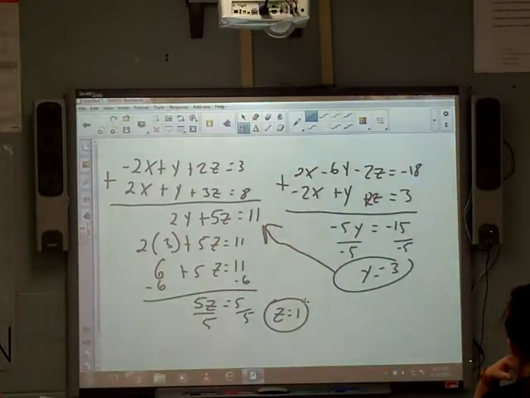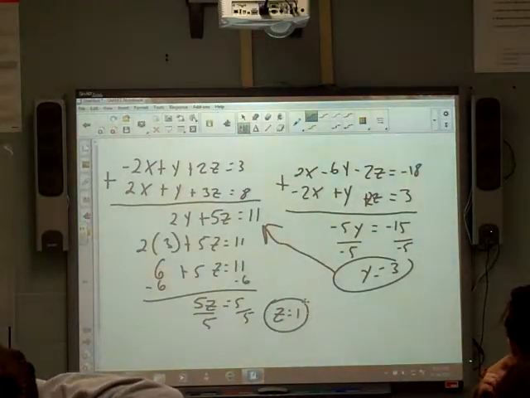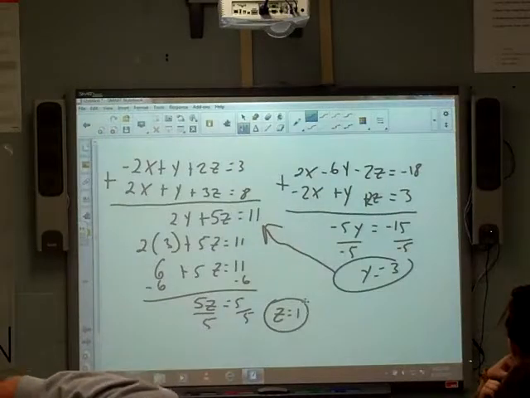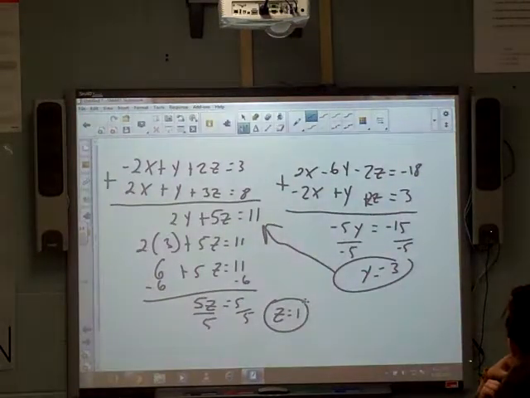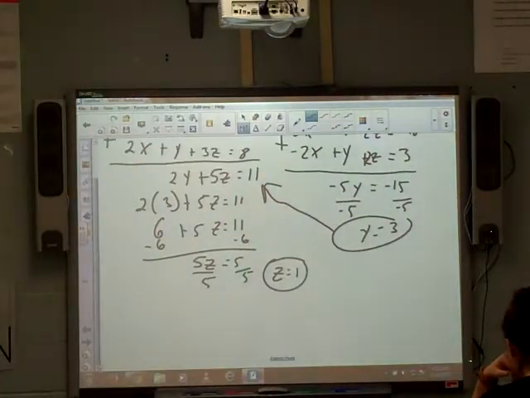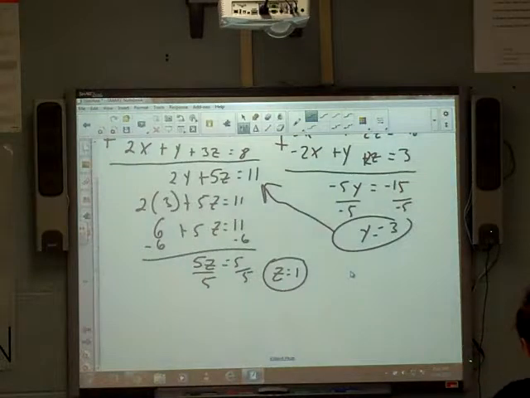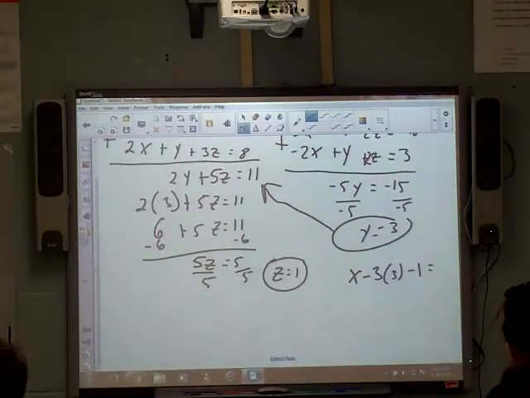Now we need an x. I'm looking to see where I think I plugged it in. I don't know. Can't tell. This is the first one. Okay, I'm doing the first one with Stephen. I'll have x minus 3 times y minus z is equal to negative 9.